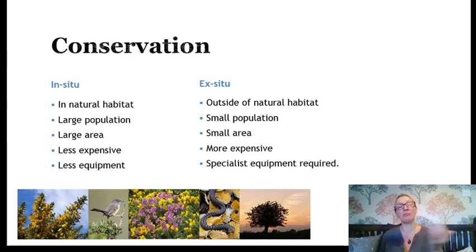So they'll need to move them out of that area if they want to conserve that particular species. So in that instance, they might start to use ex situ conservation, and that's outside of the natural habitat. Now, this usually applies to pretty small populations in a small area, and it's a lot more expensive because there is a lot more specialist equipment and specialist staff involved in looking after those organisms and making sure that they're looked after correctly.